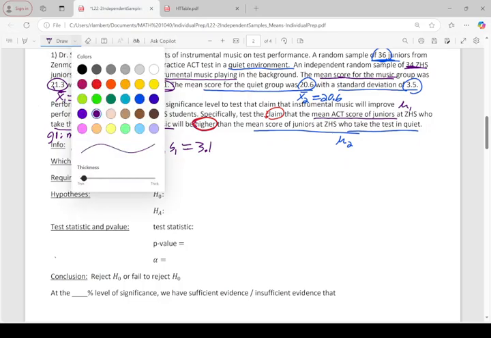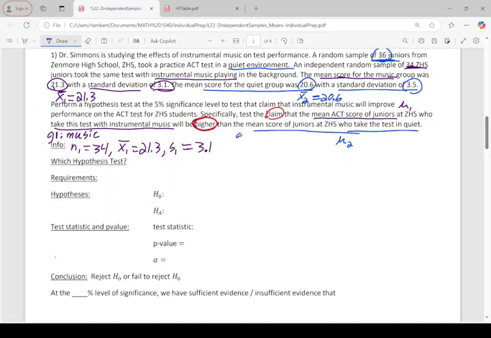And in the other group, this is where the subscripts come into play. The sample size for that group is 36. The sample sizes for the two different groups are usually pretty close. They can be the same, but they can be different. They don't have to be the same.